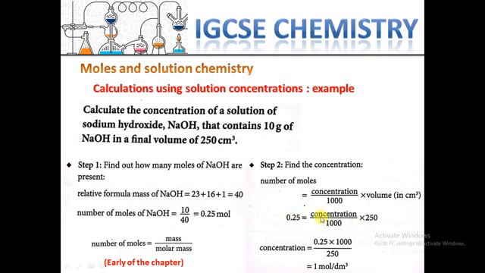So this is finally a simple mathematical equation, and you need to calculate for the concentration. And 250 has a direct times with concentration, and 0.25 can times to 1000, and can be here, and then you can continue.